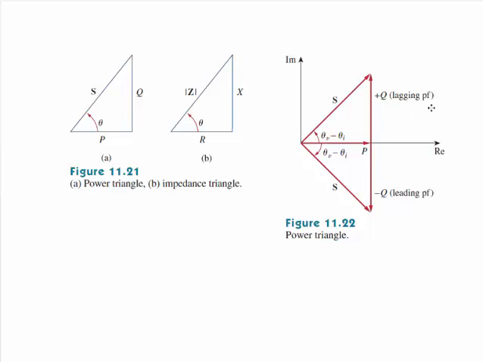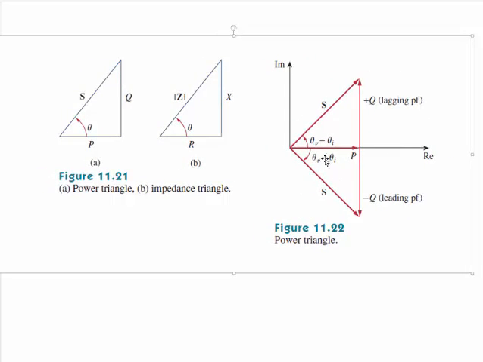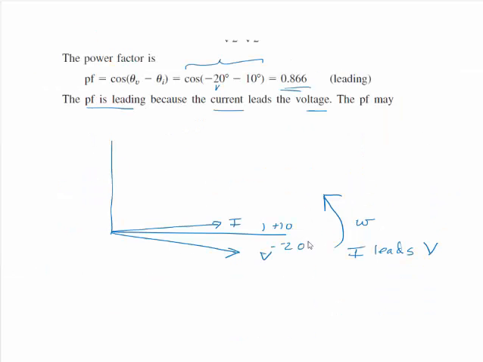I just did it in a previous slide, two slides ago. This one says it's a leading power factor because V is down here, I is at plus 10, I is leading V, so they called that a leading power factor.